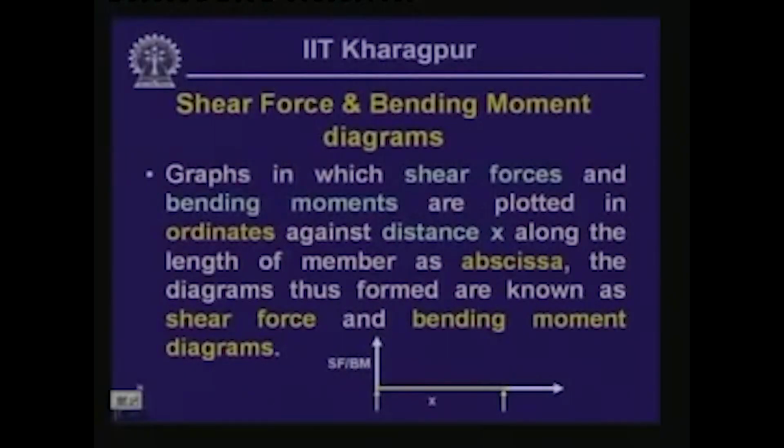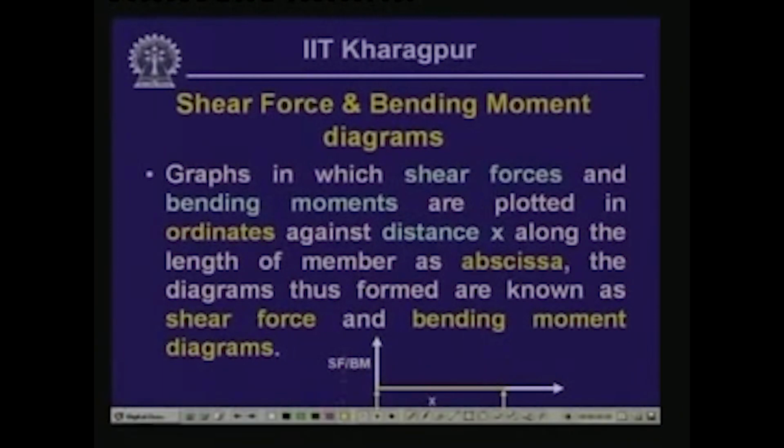Now, to find out the variation of the bending moment or the shear force along the length of the beam, the diagrams which we plot we call shear force and bending moment diagrams. So this is what is defined here: the graphs in which shear forces and bending moments are plotted as ordinates against distance x along the length of the member as abscissa.